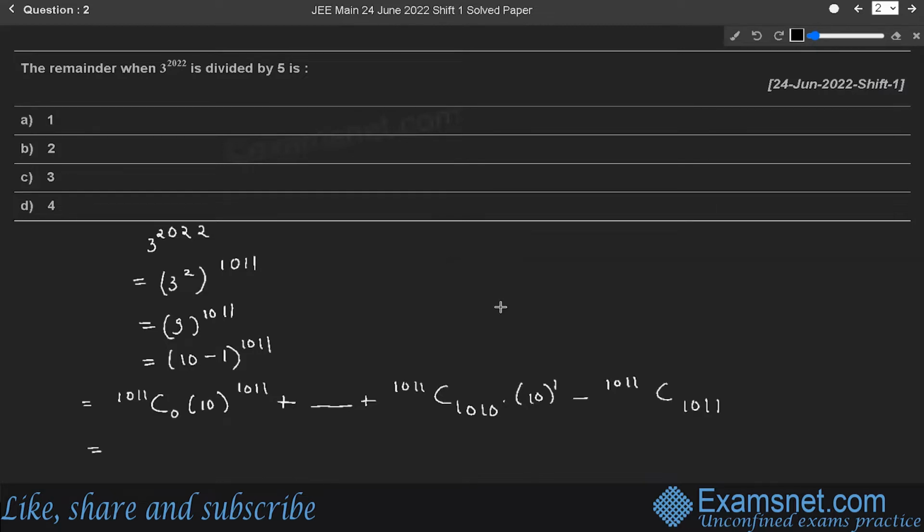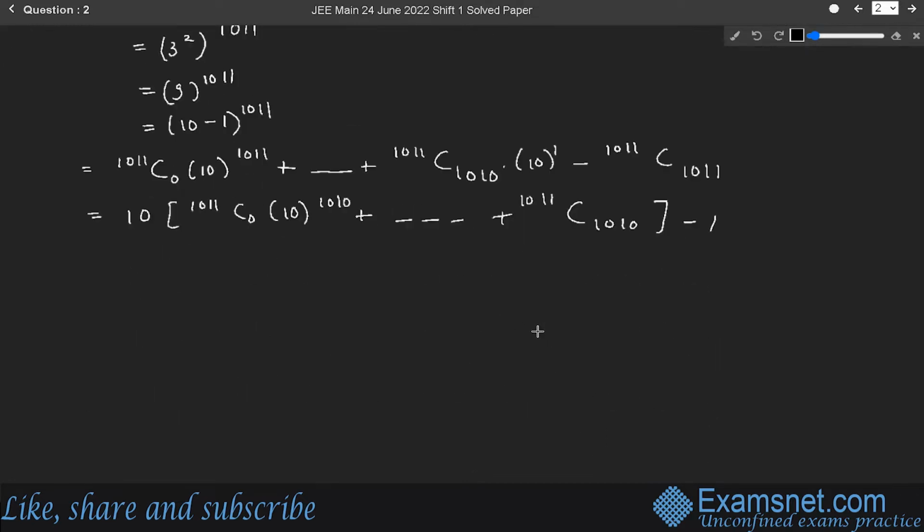So it will be equal to, taking 10 common, 1011C0 into 10 power 1010 plus so on up to 1011C1010 minus 1. So further it can be written as 10k minus 1, because we know that this part is a multiple of 10. So it will be equal to 10k minus 1.